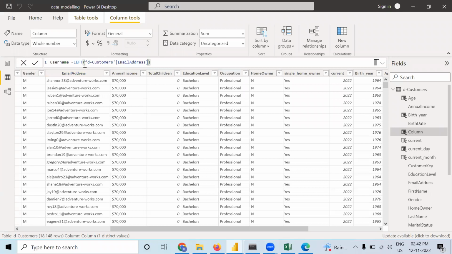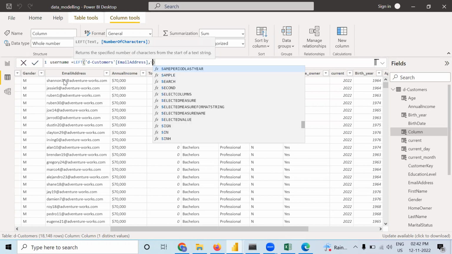Now I don't know the position of the symbol, so I need to search for its position. There is a function called search itself.